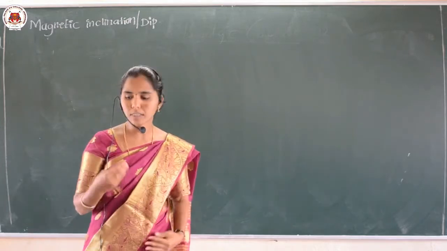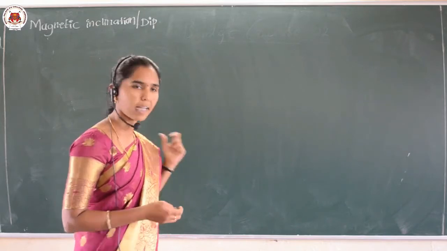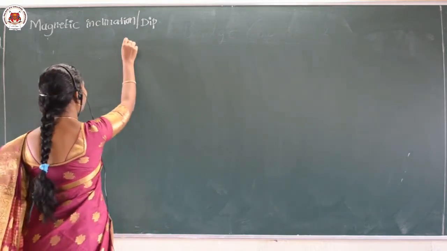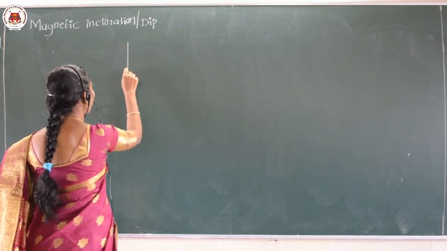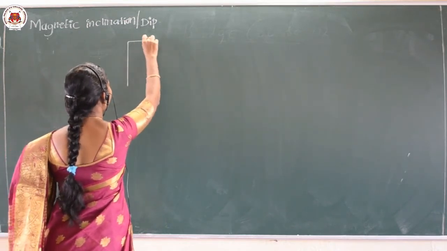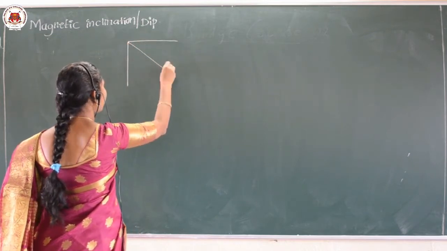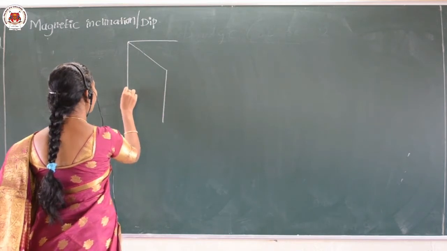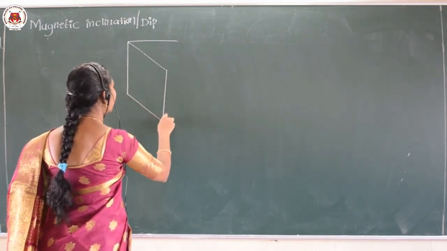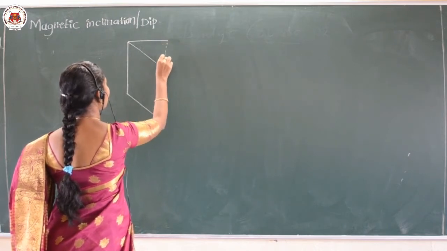Before going to study this, I want to show you with a diagram. Yesterday also I drew a diagram showing the magnetic meridian and the geographic meridian. Assume it is a magnetic meridian, and here also one meridian is there.